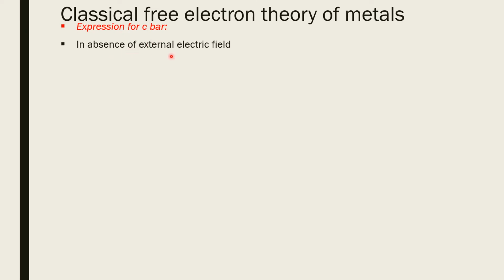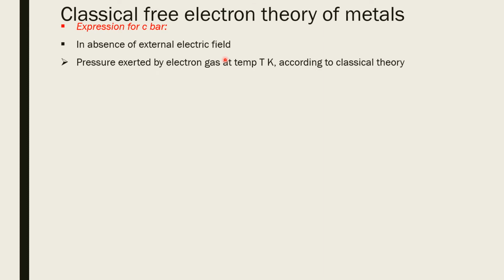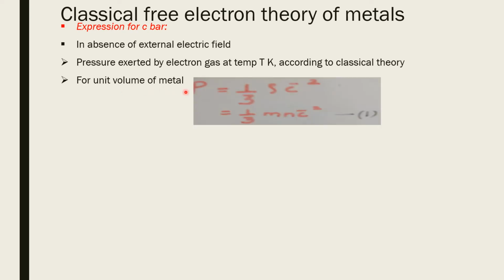In the absence of external electric field, pressure exerted by the electron gas at temperature T degree Kelvin according to classical theory for unit volume of metal, P is given as 1 by 3 rho c bar square.